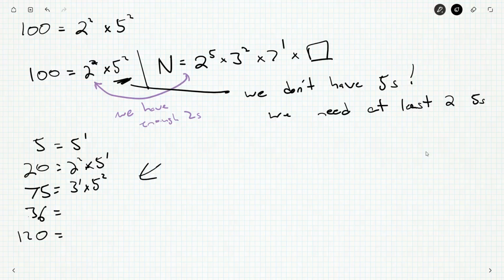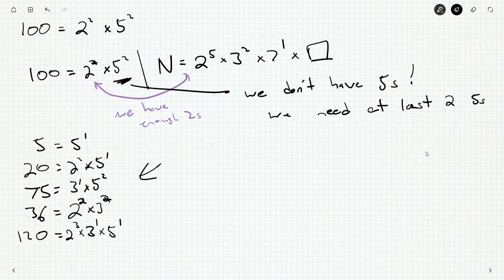But let's take a look here. 36 is 2 squared times 3 squared. This is great practice for prime factorization. And 120, you'll have a 5 to the 1, 5 times 4 times 3 times 2 is 120. So the 4 and the 2, that gives us 8, which is 2 cubed. And then we've got the 3 as well.